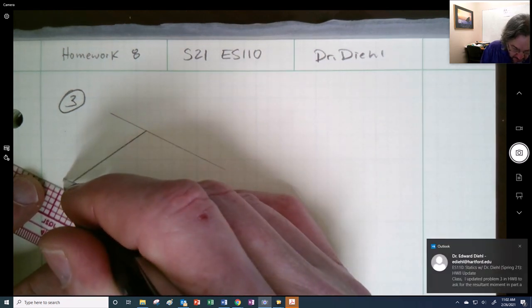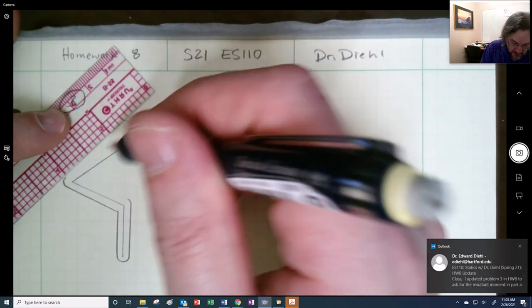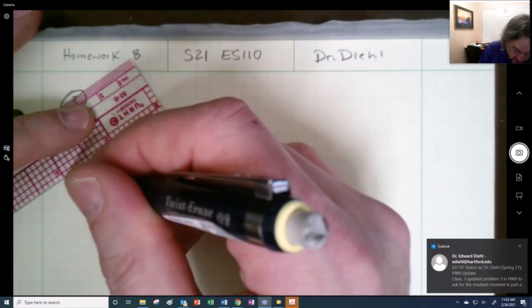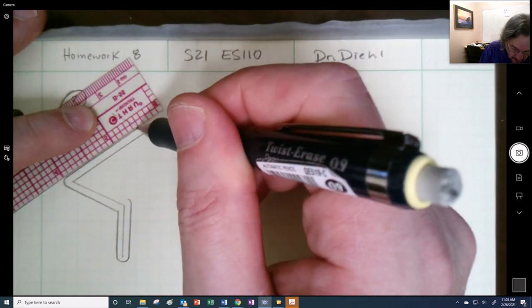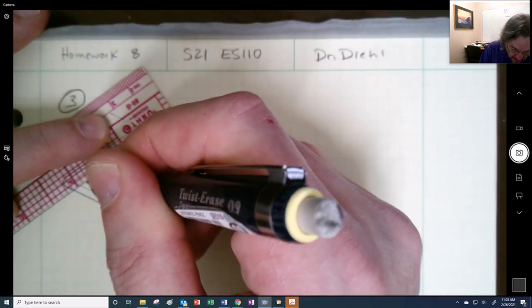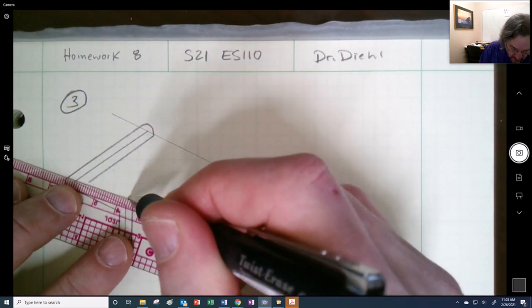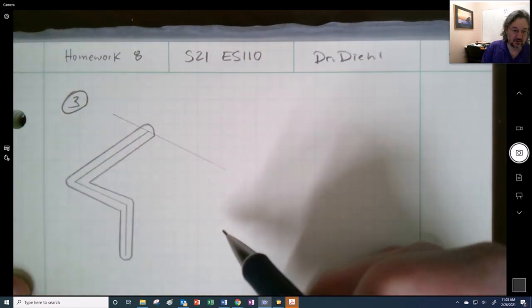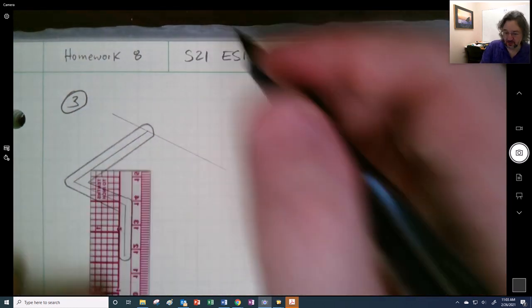And there's the email I just sent you, telling you that I updated it to ask for the resultant moment and not the resultant force. Well, that's not very pretty. We're going to keep it though.